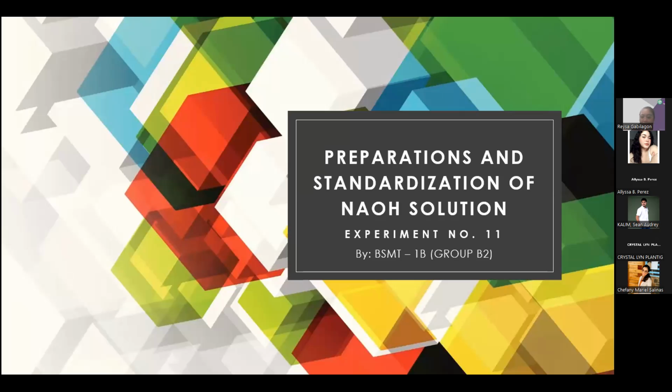So, since ni-report naman na ng group 2 yung experiment number 11, group 4 will be reporting activity number 10. Kasi I think yung group 3 nag-prepare ng experiment number 12. So talagang mapupunta sa group 4 itong activity number 10. But anyway, I believe hindi niyo yan na-prepare. Let's have that on Monday. I hope may klase pa sa Monday kasi bigla-bigla lang yung mga klase sa world.